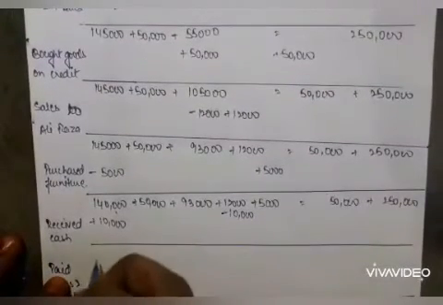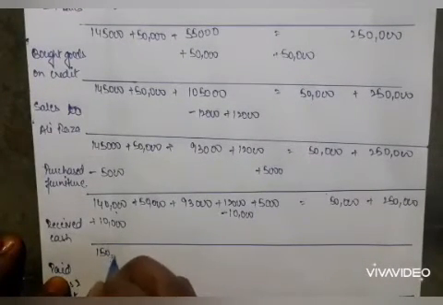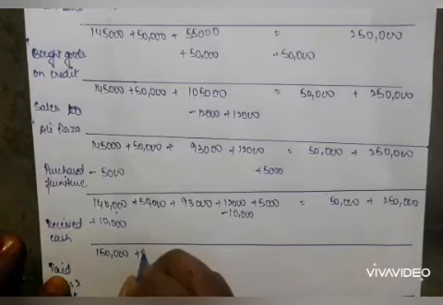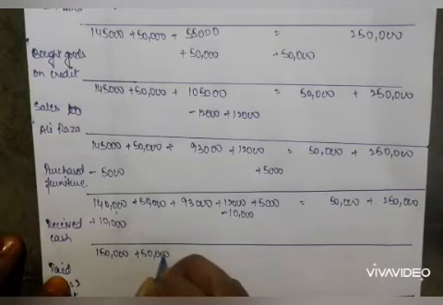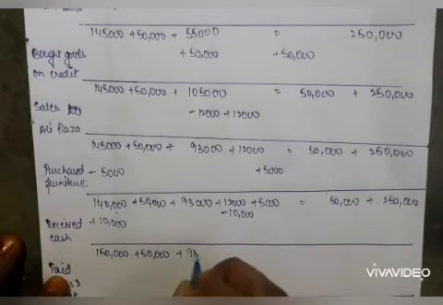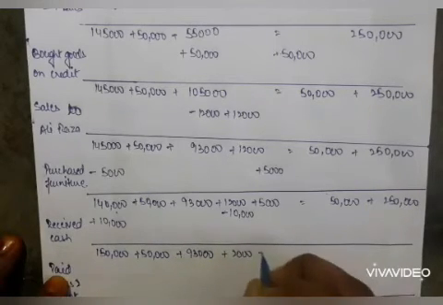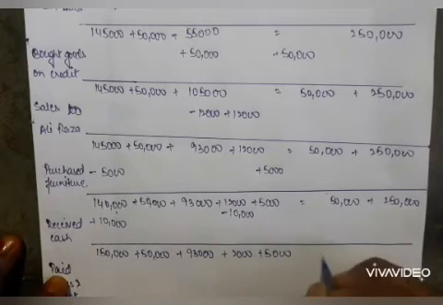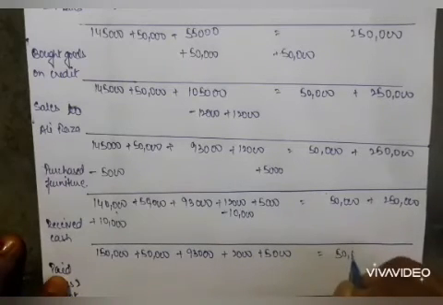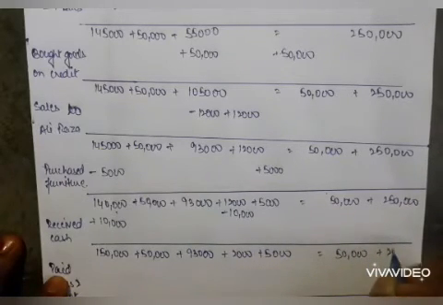So the new equation would be 1,50,000 plus 50,000 plus 93,000 plus 2,000 plus 5,000, and again this would be equal to 50,000 plus 2,50,000.